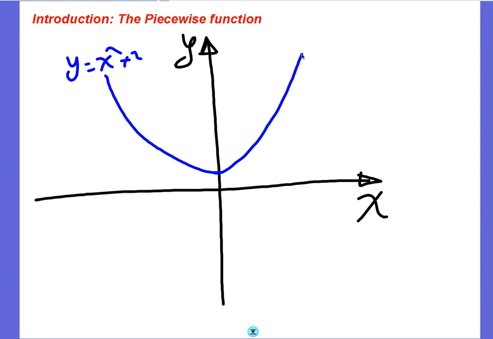But now I only want the negative side. Let's say the function when x is equal to 0 is not there. This is the point 2, for instance. And then let's say from the right side of the x-axis, the function is negative 3.